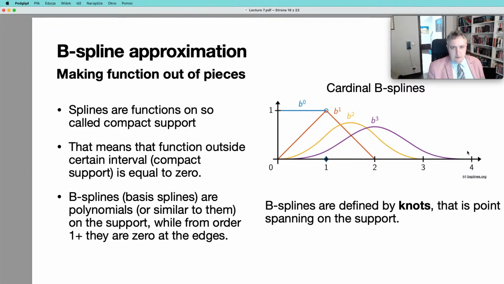They have a limited number of derivatives, and they are very easy to use in order to approximate multiple kinds of functions, at least up to a certain level of precision and smoothness. Splines are defined by knots, so if you have 4 knots here, you can define those functions that are behaving here as a sum of those functions.